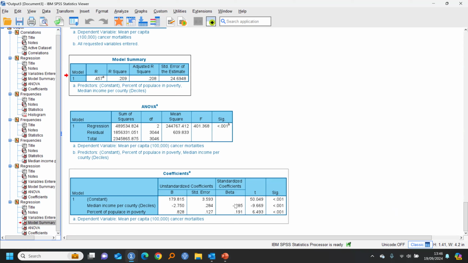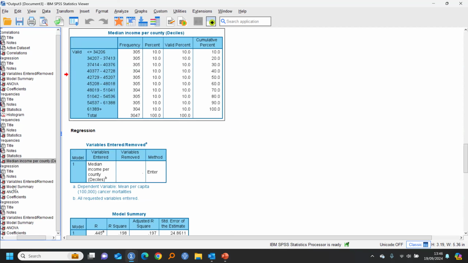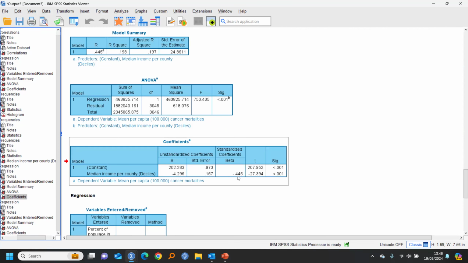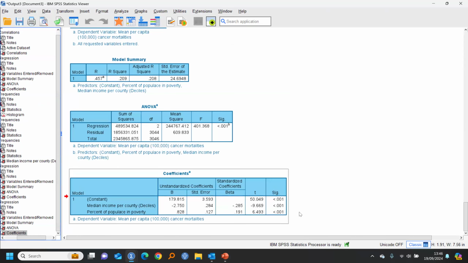And now the beta coefficients here. Previously, this was a correlation value. Like, what was it previously? Let's have a look. Model summary coefficients. Previously, this was minus 0.445. Now it's minus 0.285, and it's actually telling us that this is the amount of unique correlation.